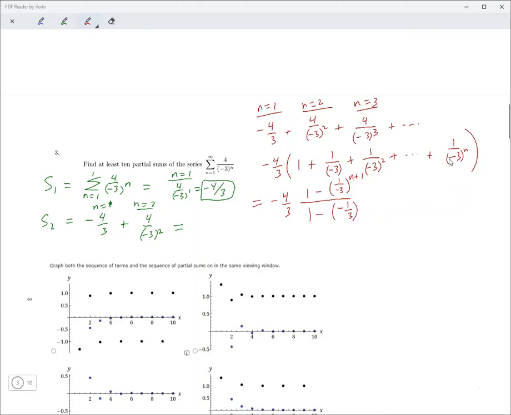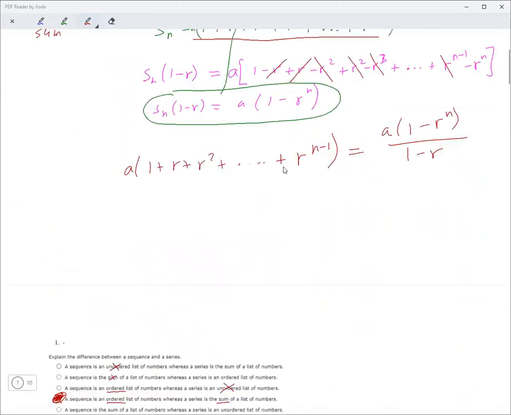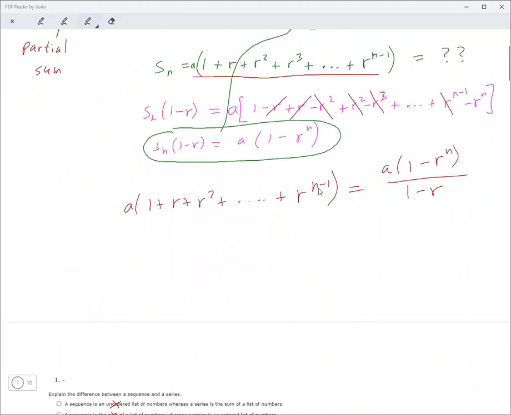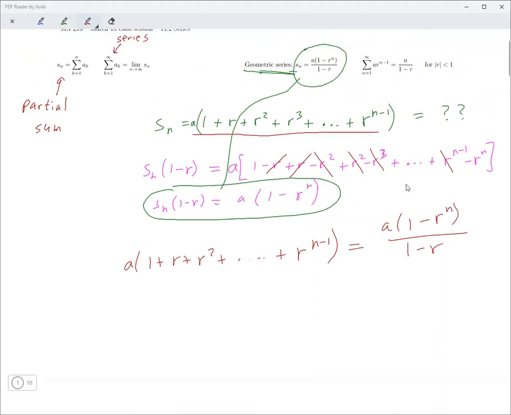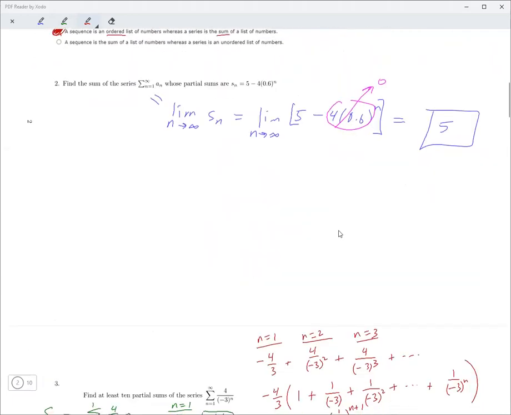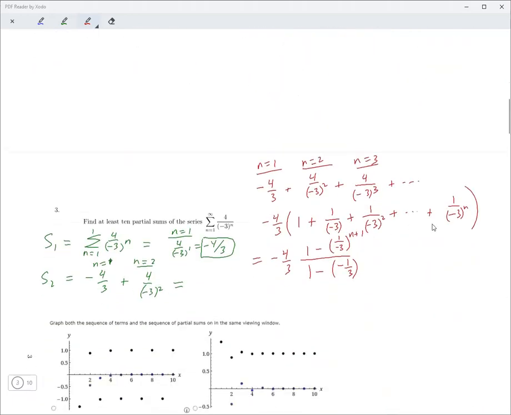Because I'm going to the nth power instead of n minus 1, this will be n plus 1 right here. Whatever the power is, you add 1 to it. Everything else stays the same. So that's what my nth partial sum is going to be.